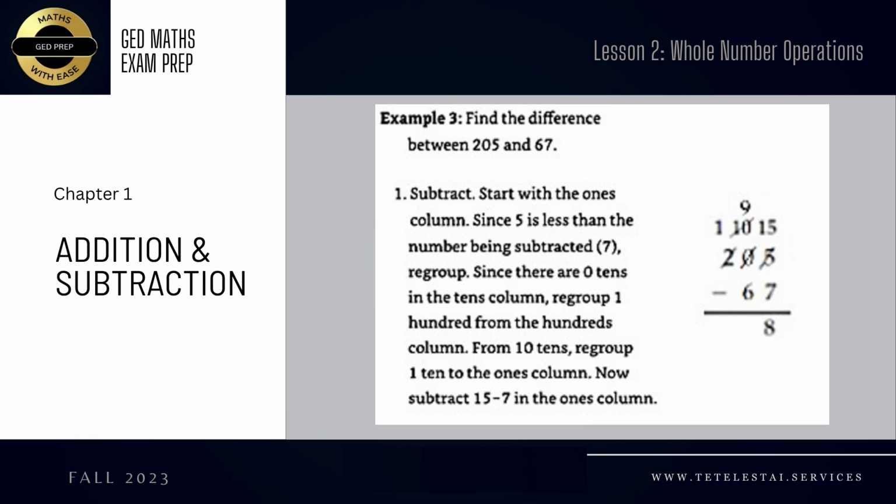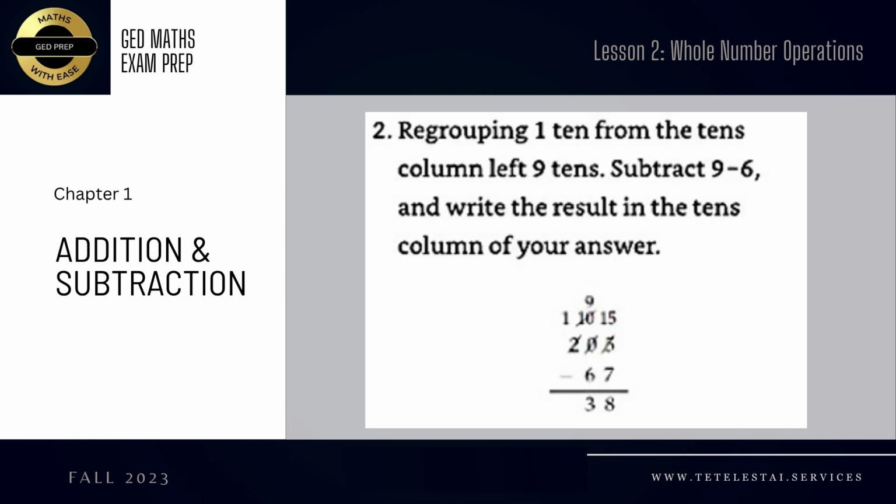And you want to make sure each time that you're borrowing from whatever column you're in, you're crossing out the original number and adding the new number so that you don't forget, right? So now that we've regrouped, and we now have 9 in our tens column, we're going to subtract 9 from 6, and that gives us 3, right?